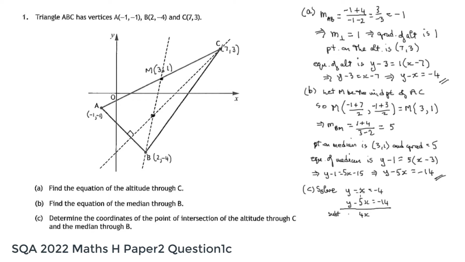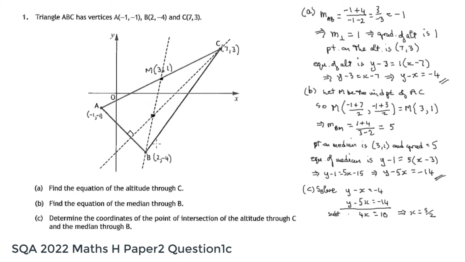Then -4, take away -14, that's -4 plus 14. So that's 10. And divide both sides by 4. So we get x equals 10 over 4, which is 5 over 2.